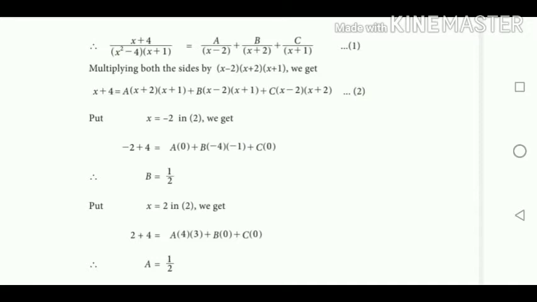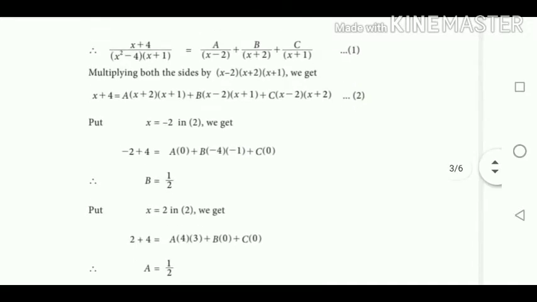In the case of the second term, x plus 2 is cancelled, therefore we are getting b into x minus 2 into x plus 1. In c by x plus 1, x plus 1 is already there in the denominator, so when it comes in the numerator, x plus 1 is cancelled. Therefore we are getting c into x minus 2 into x plus 2. If you write the factor in the numerator and the denominator, x minus 2 is cancelled. So write one more step here in order to find the values easily.